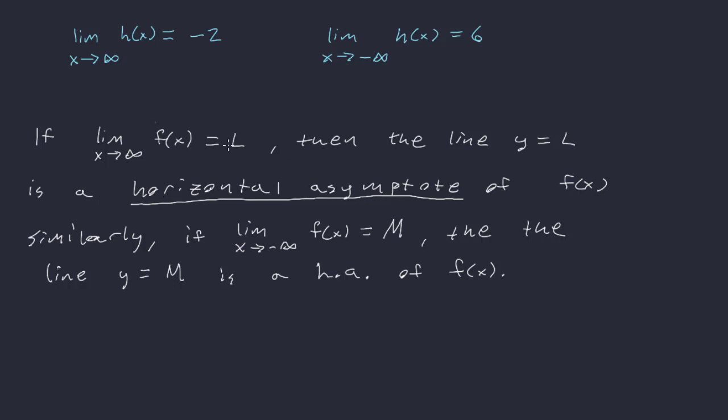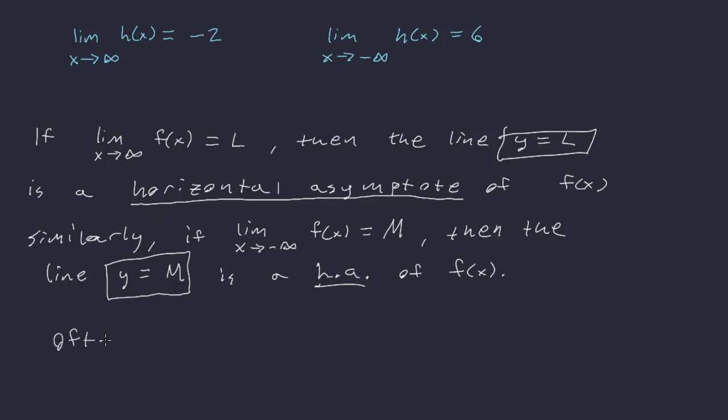So in this case, the definition is if the limit as x goes to infinity of f of x is L, then the line y equals L is a horizontal asymptote of f. And similarly, if the limit as x goes to negative infinity of f of x equals capital M, then the line y equals M is a horizontal asymptote of f of x.